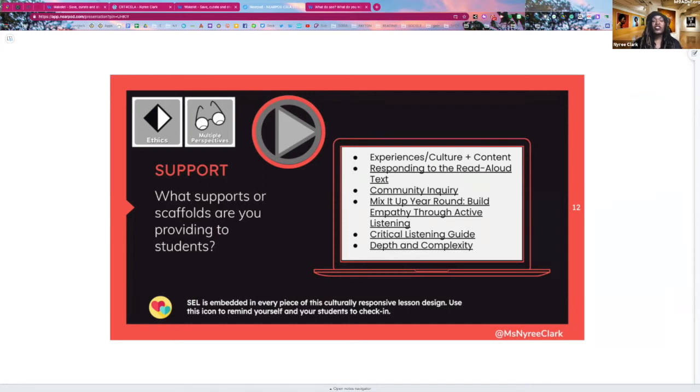So move to action. Support is another place where I also think of in lesson planning, where if you are a GATE teacher, or actually any teacher who has learned those prompts of depth and complexity, this is a great place to embed them, because those prompts add critical thinking layers to our students. If you haven't heard of them, they are little icons that associate with a critical thinking skill.